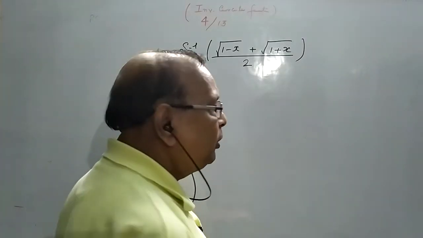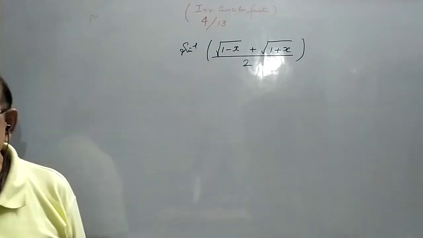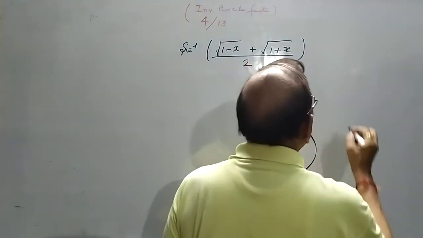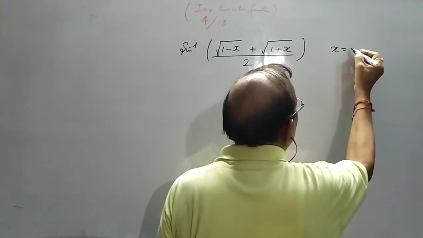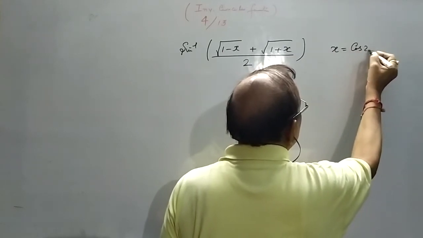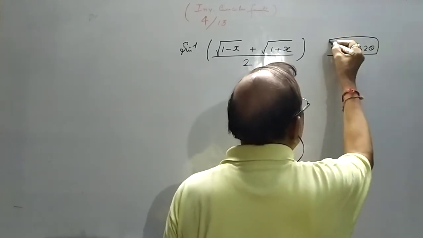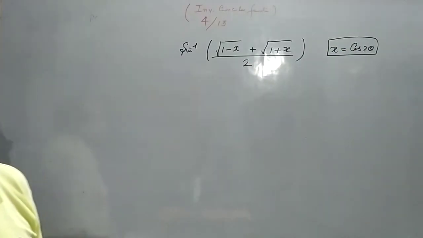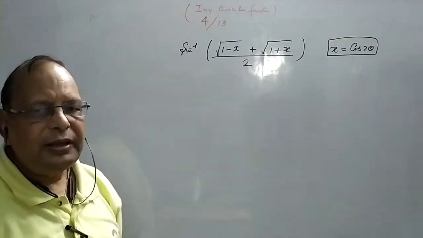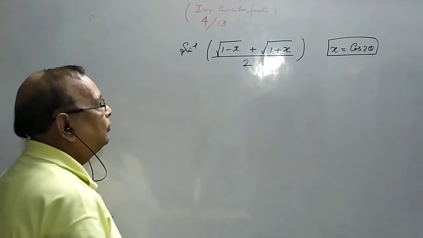What do we have to substitute? What are the guidelines? According to the guidelines, we may substitute x is equal to cos 2 theta, as I have already described, as there is plus x or minus x in the square root.